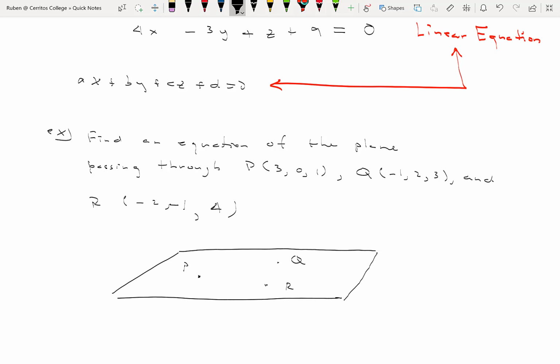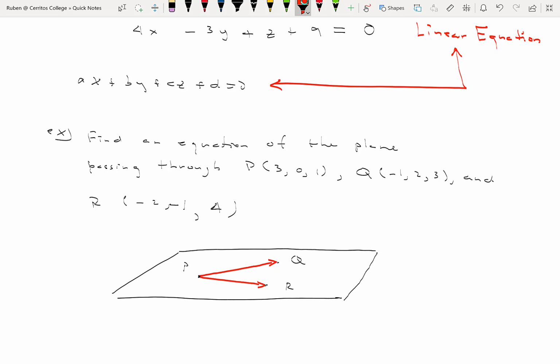So how do I find the normal vector? Well, I can find a displacement vector PQ, and I can find a displacement vector PR. Neither of those vectors will be normal to the plane. They both lie in the plane.